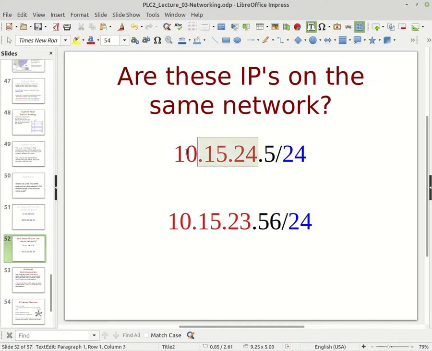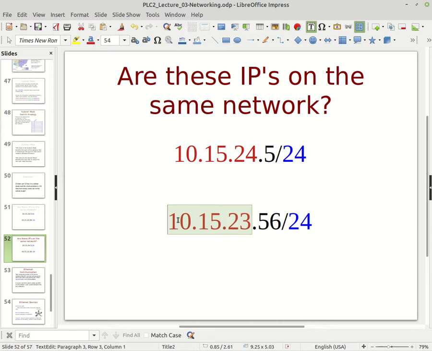This one is 10.15.24 and this one is 10.15.23, but these are different networks. So even if we physically wired these 2 devices onto the exact same network, they would not talk with each other because they think they're on a different network.